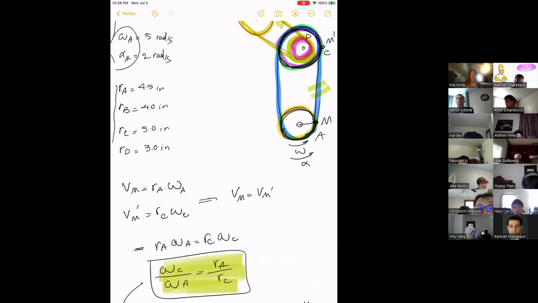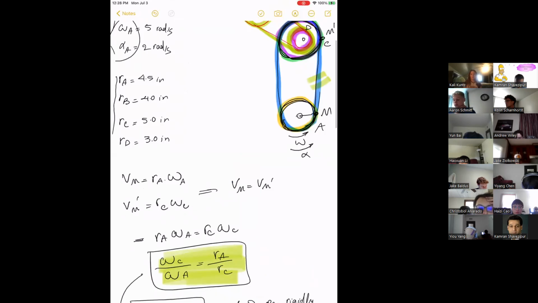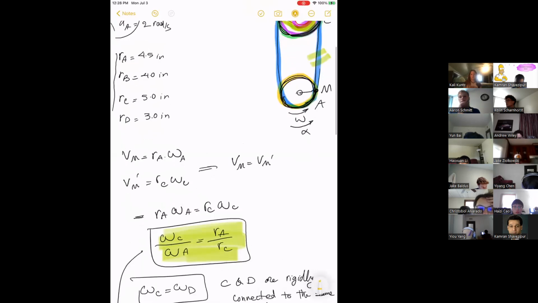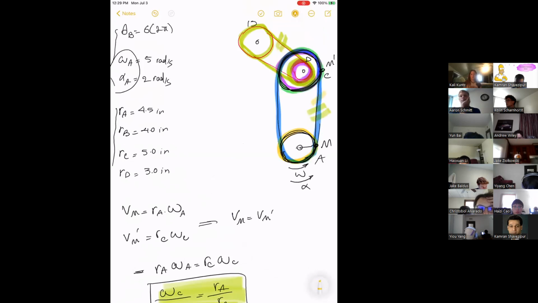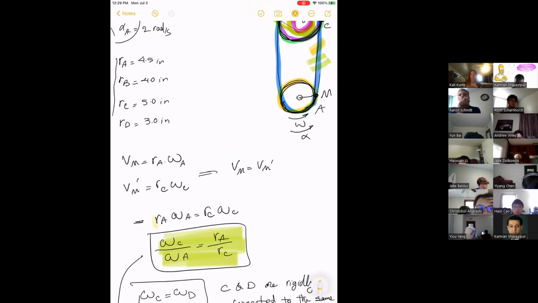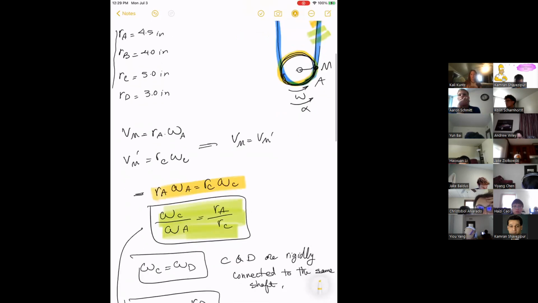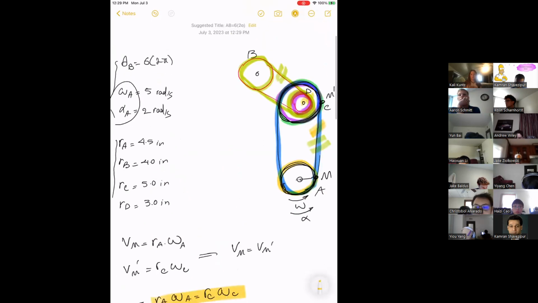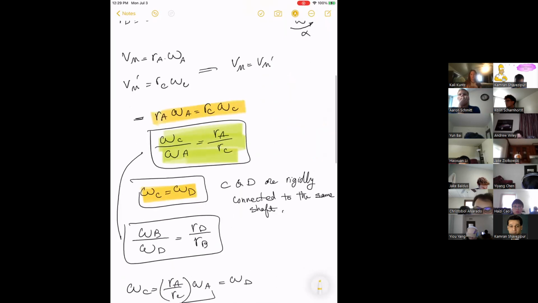Just to refresh your memory, we related omega A and C, which move together through this belt. So we related omega A to omega C. C and D go together, and then we related D to B, the same way.